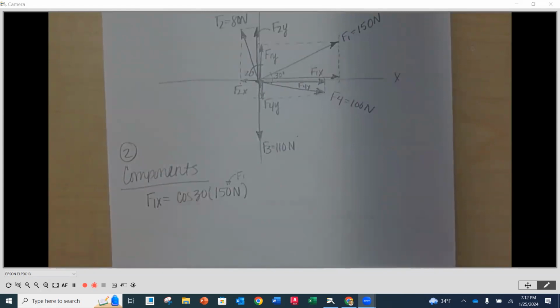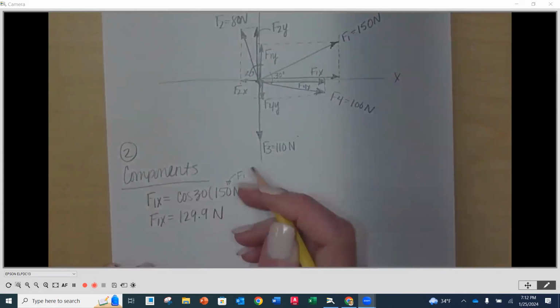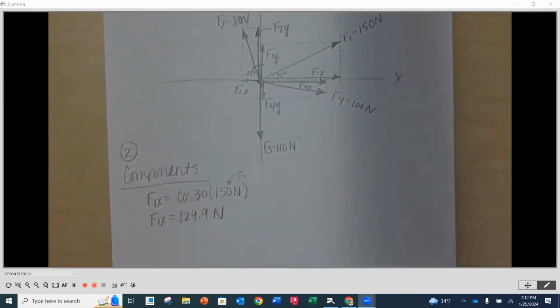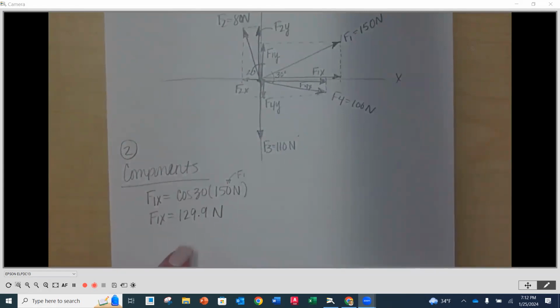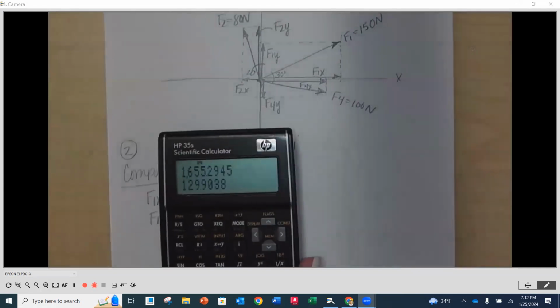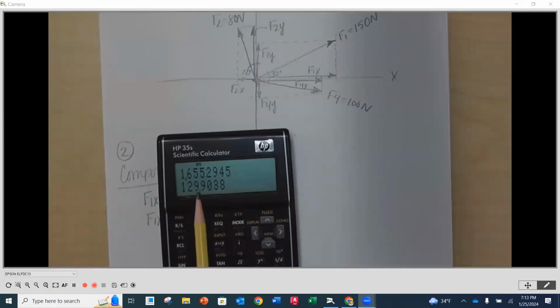So now I can just say, okay, cosine of 30 times 150, I get F1X is equal to 129.9 newtons. Now, Jack asked earlier about rounding, like how many decimal places do you want? In the problem here, what I get on my calculator is 129.9038. So stopping this at 129.9 seems reasonable to me.